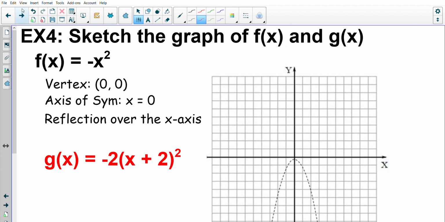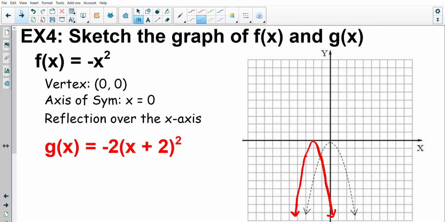Let's take a look at example 4. Almost the same, except like my example 2, I put a negative 2 in front of my parentheses. So I have my plain old x squared, but I've made it negative, so it's going to open down. It's a reflection across the x-axis. So g of x will also be a reflection across the x-axis. But this 2 means it's going to be a vertical stretch by a factor of 2.